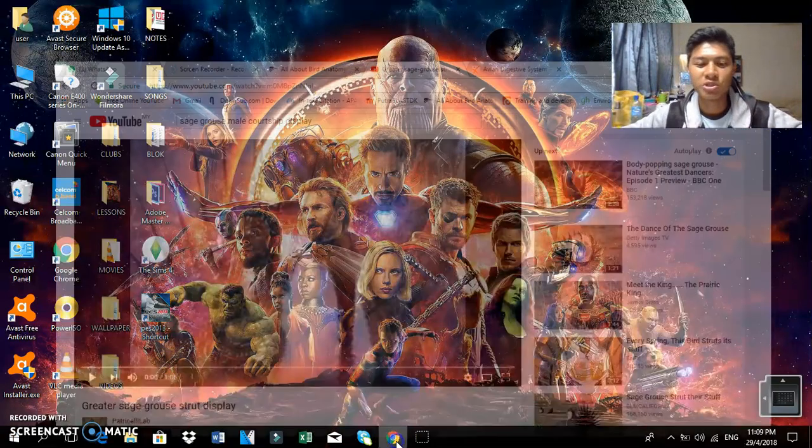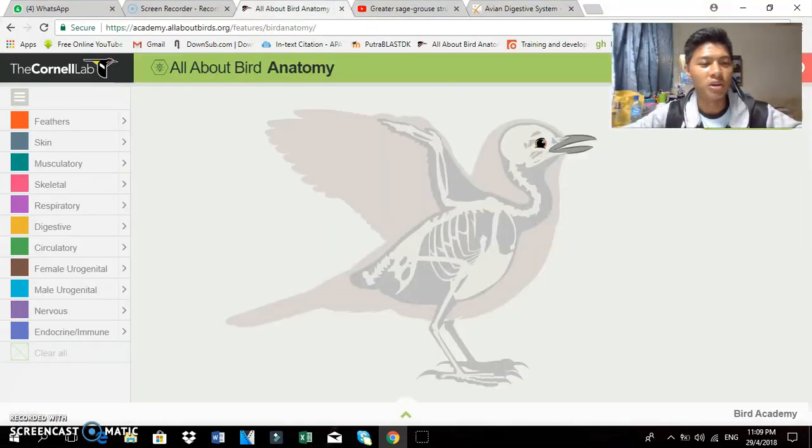But first, let me share with you an interesting website that I found, which is the Cornell Lab, all about bird anatomy. What is really interesting about this website is that you can learn all the anatomy of the birds layer by layer. As you can see here in the left section of the website, you can see the overall anatomy of the birds.